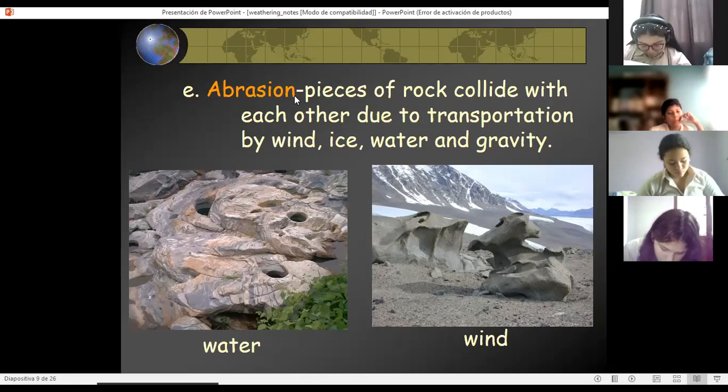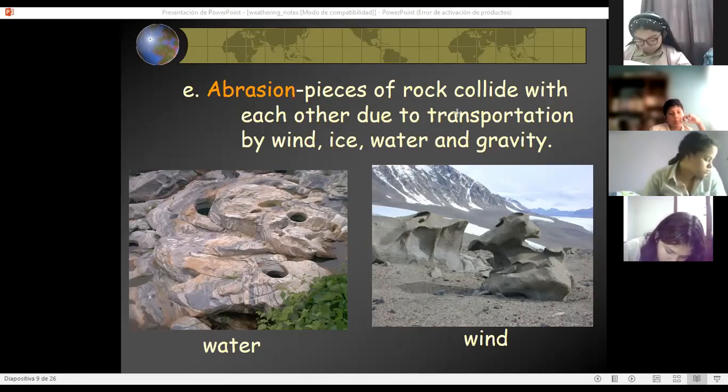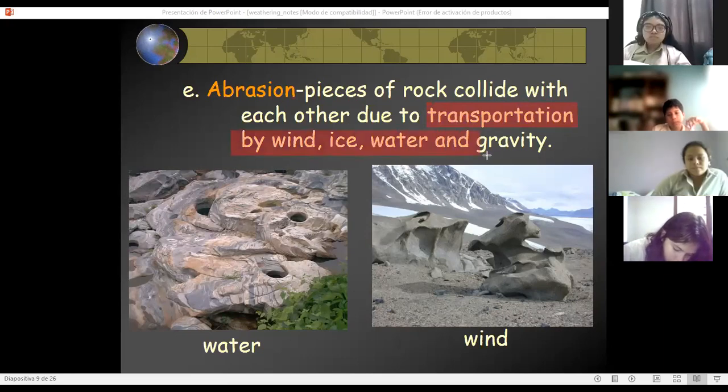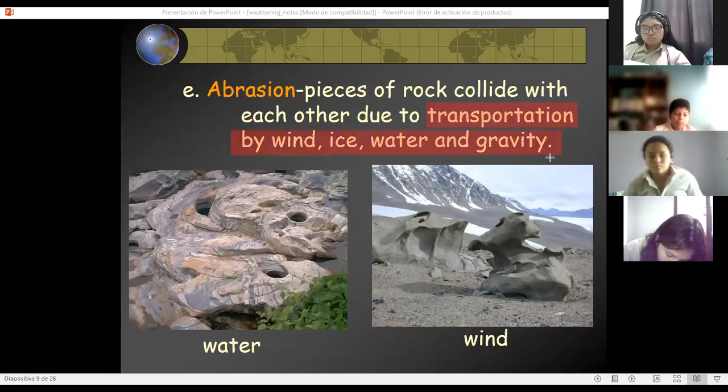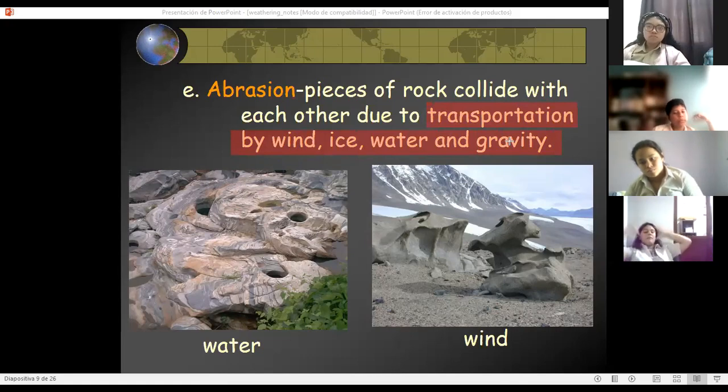Okay, look, another important concept that we have here: transportation by wind, ice, water, and gravity. So that means that the rocks can move, right? Maybe the rocks not by themselves, but different agents exist that can move the rocks to other positions, maybe not to another continent, but another position or the other side.